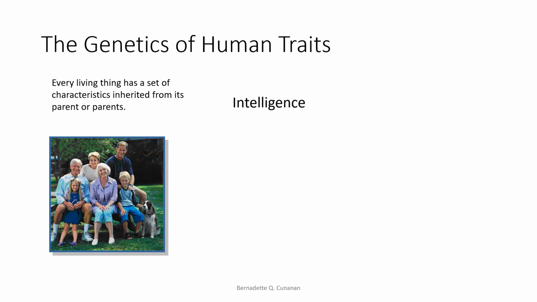Most definitions of intelligence include the ability to learn from experiences and adapt to changing environments. Elements of intelligence include the ability to reason, plan, solve problems, think abstractly, and understand complex ideas. Many studies rely on a measure of intelligence, and we call this intelligence quotient, also known as IQ.